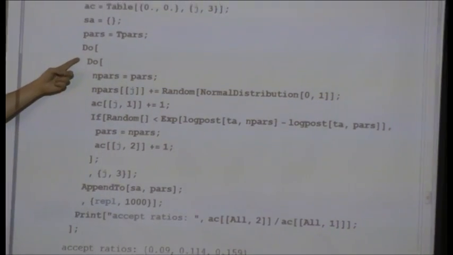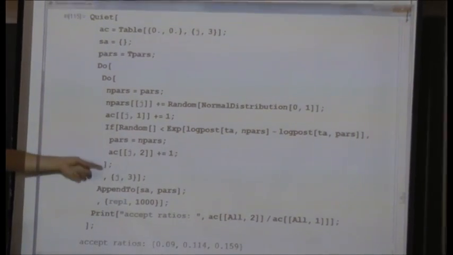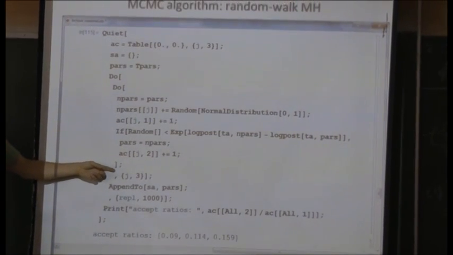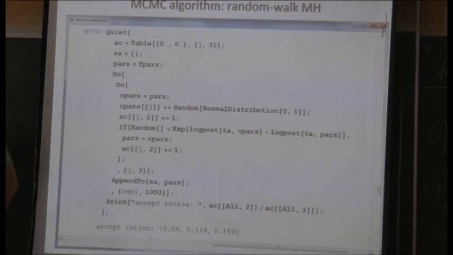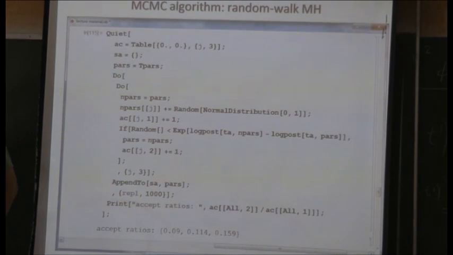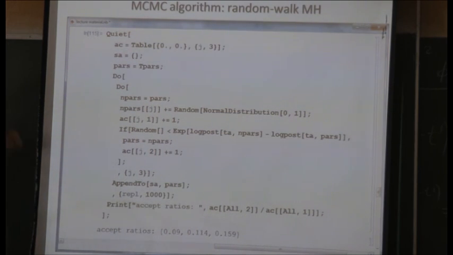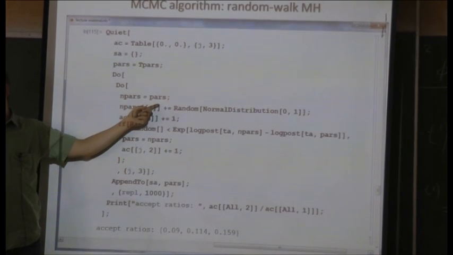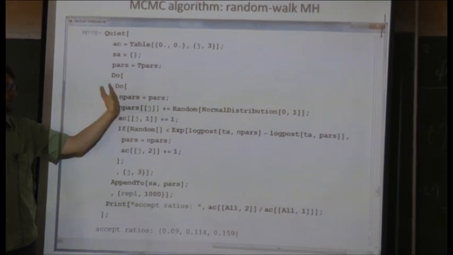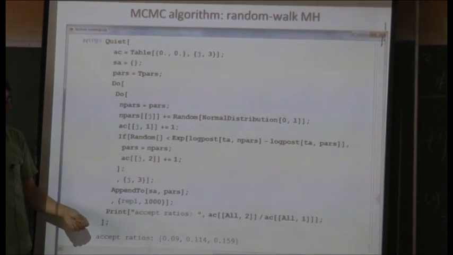I have here a do loop, which is like a for loop, where index j goes from 1 to 3. This is my parameter. I'm first updating parameter 1, then 2, then 3, so first A, then B, then C. When I'm updating parameter number j, I start from the old values. I say that the new parameter vector is the old parameter vector, because I do this random walk Metropolis Hastings.